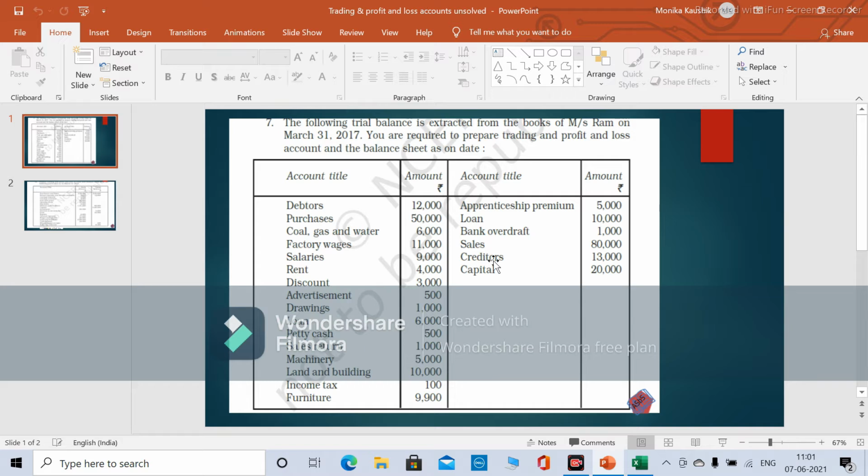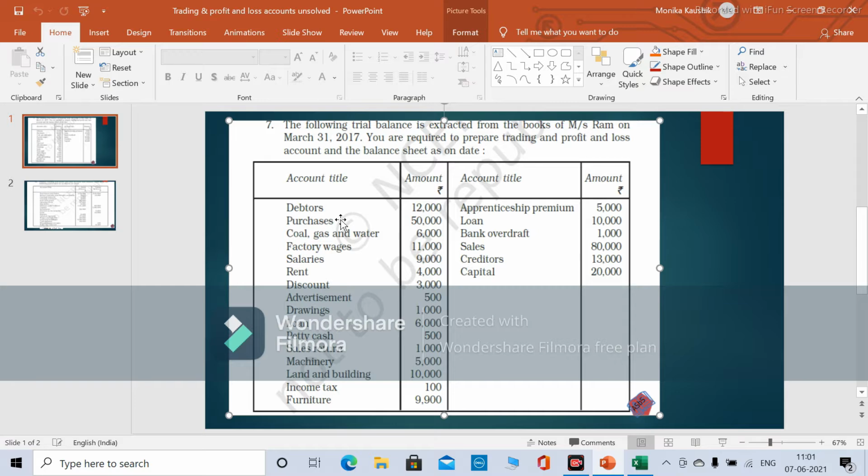Now this is the trial balance, and it is given on the debit side. So this will go in the debit side, and of course you are also aware that purchases have a debit balance and sales a credit balance. So I have taken purchases on the debit side of the trading account.